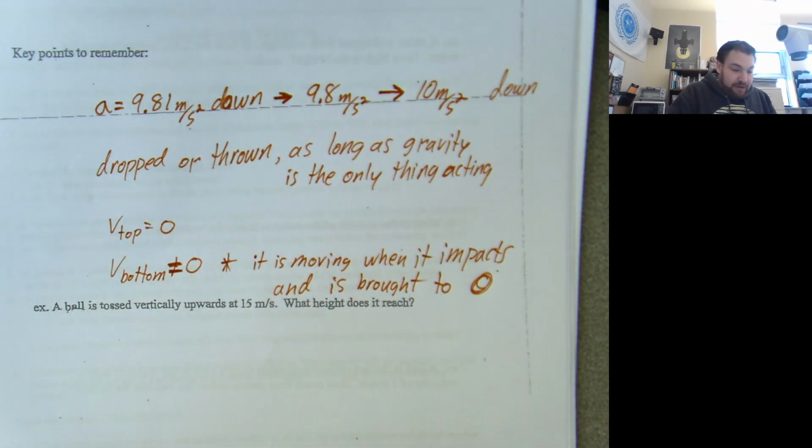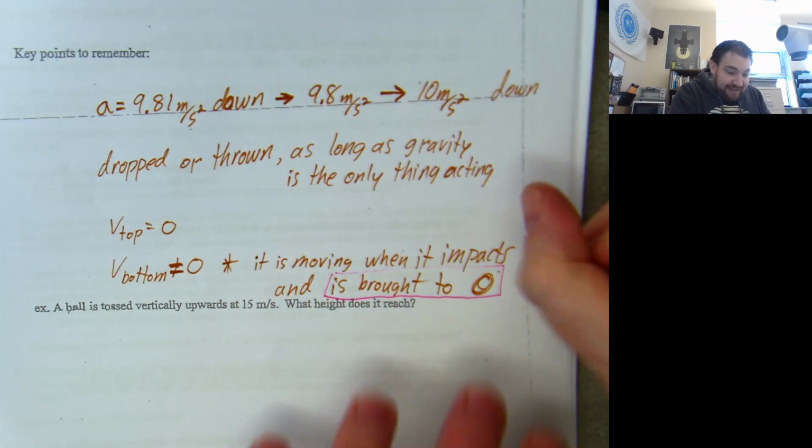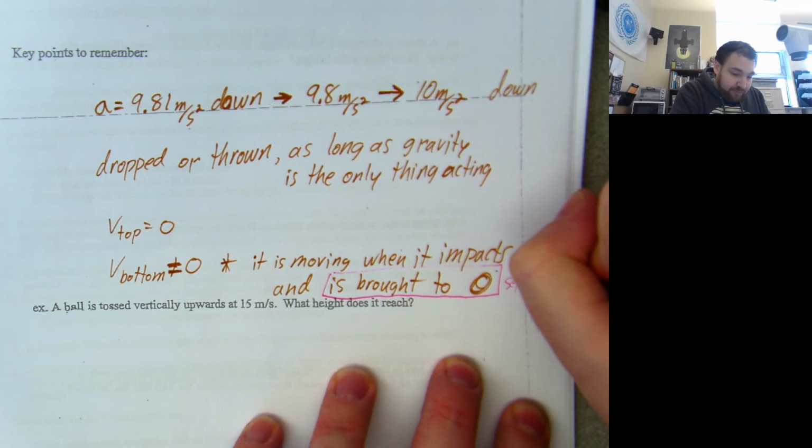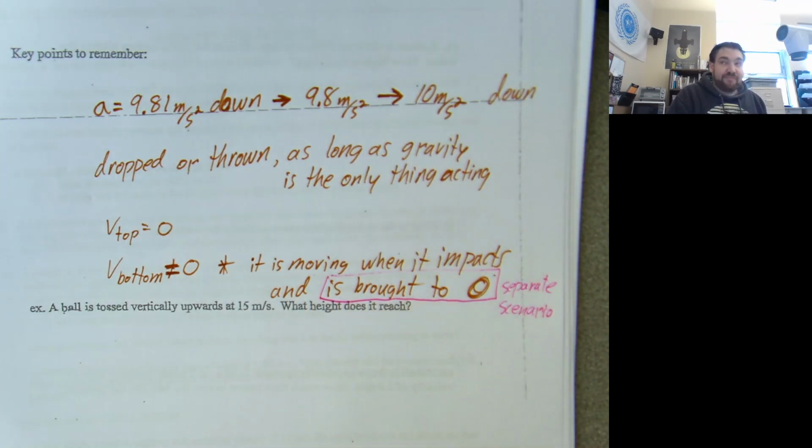This whole piece right here, the is brought to 0, that's a separate scenario. A wildly unenjoyable scenario if you're the reason that this thing has to be brought to 0.